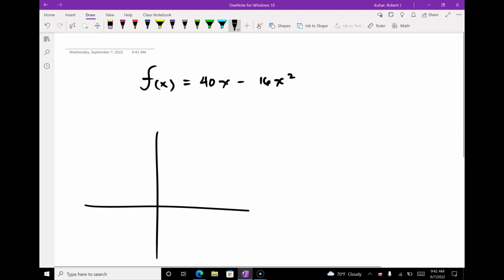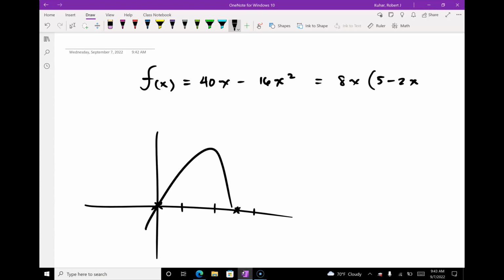Of course, if we graph that, or better yet, if I factor it, what comes out of there? 8x times 5 minus 2x, is that right? So I see it hits 0 and it hits 2.5. You with me?